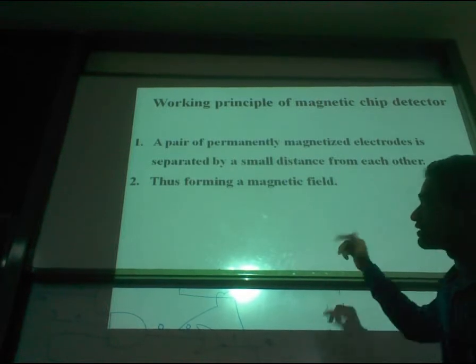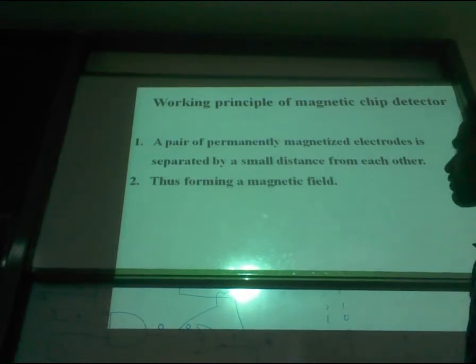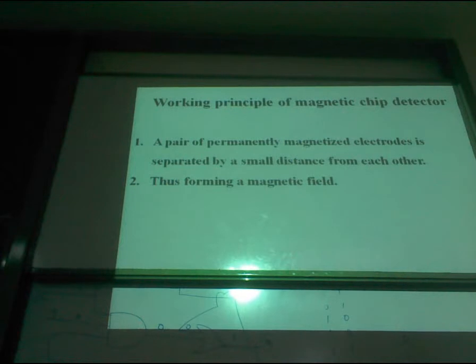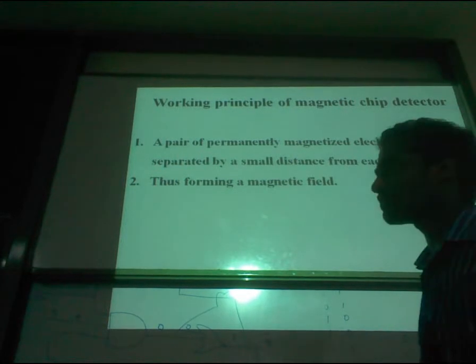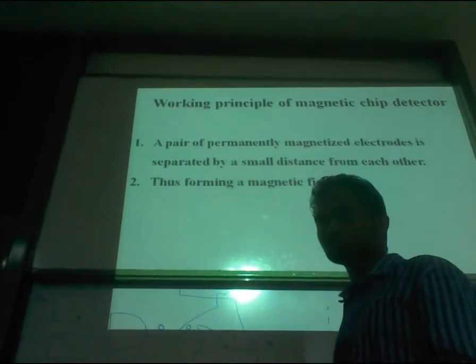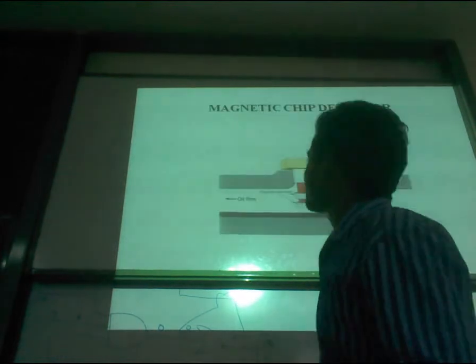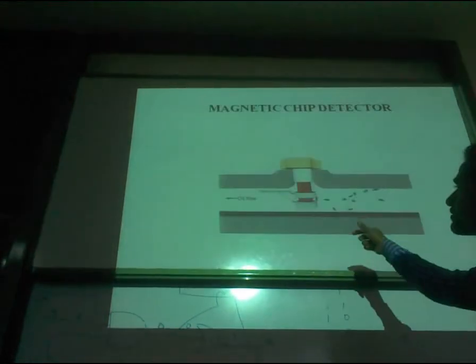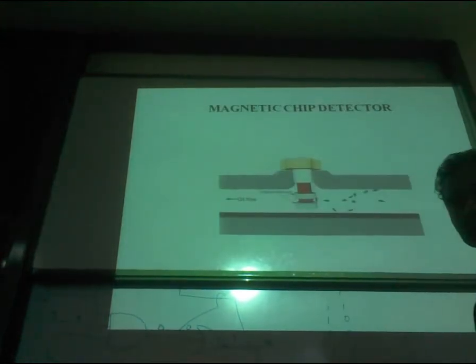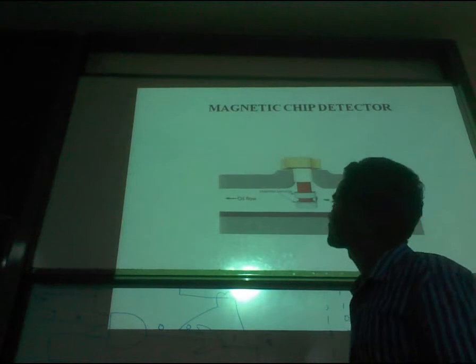These two electrodes form a magnetic field outside, and using this magnetic field we can attract and detect the oil debris.